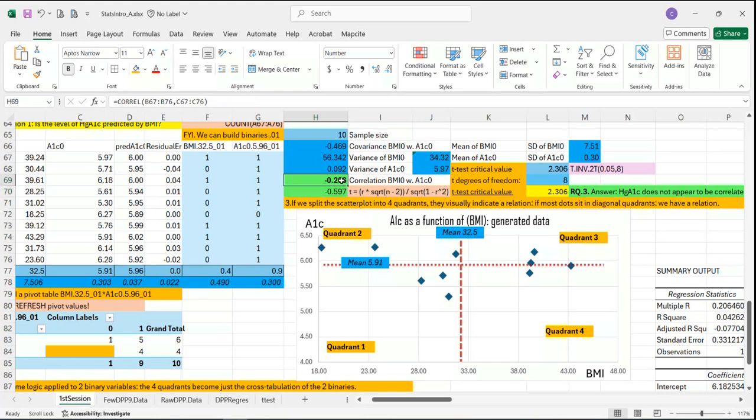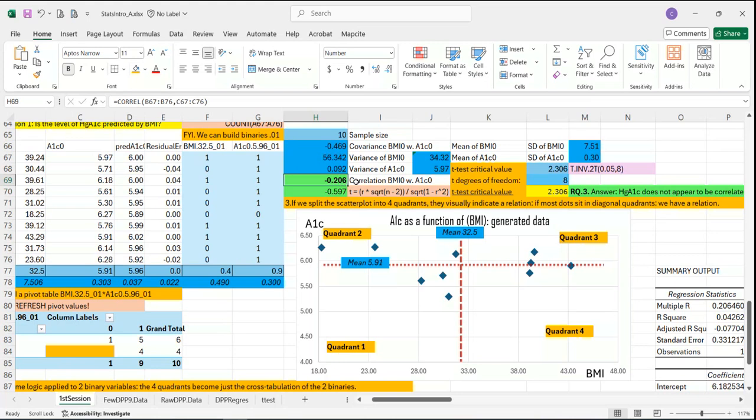of this correlation value. There is a formula you can look up online, but just by looking at the value of the t-test for the correlation coefficient, which is small here, it's 0.5, 0.6, and comparing it to a critical value, it's clear that this is not a significantly different from 0 correlation.